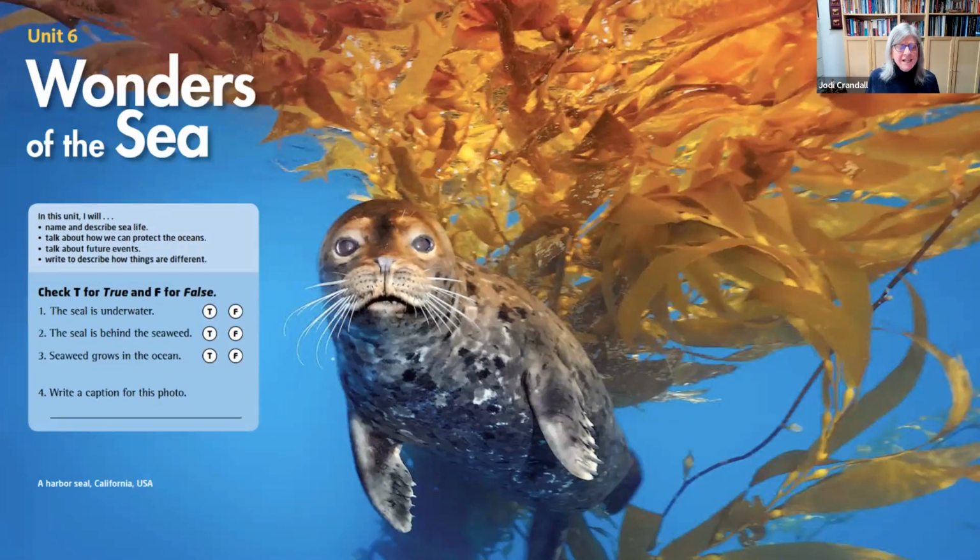And so they have a chance to think about what it could be like, but as they get further into the unit, they begin to realize that this beautiful scene is really very much endangered.